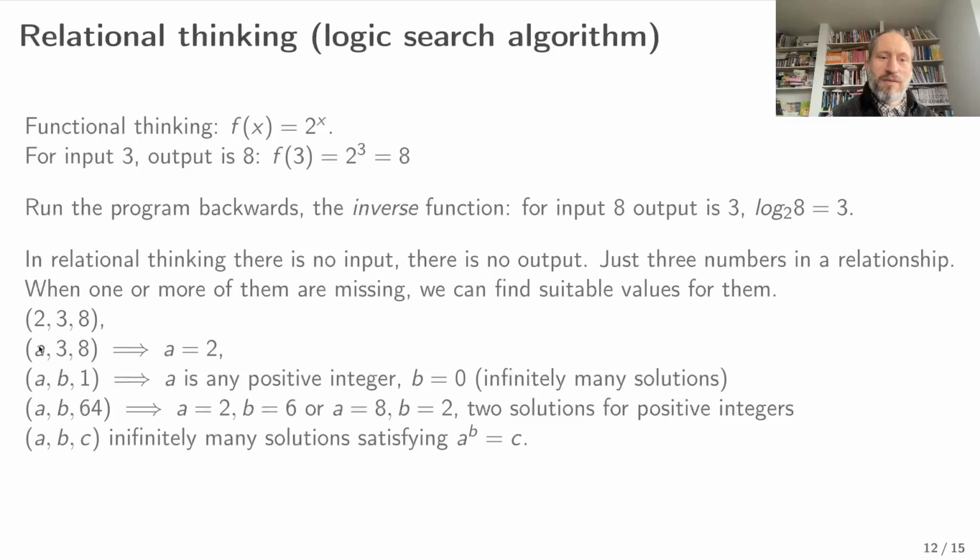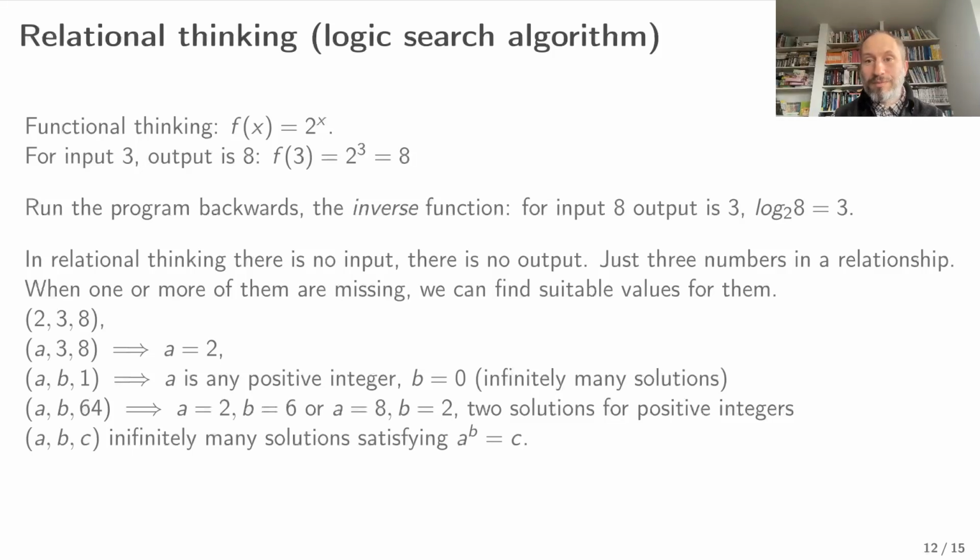If the first one is missing, then by the relationship it has to be 2, and if the last one is 1, then the exponent has to be 0, so we actually have infinitely many solutions. But we can have finitely many solutions, more than one, as well. For example, 64 is 2 to the power 6, or 8 to the power 2. And if all of them are missing, then we have infinitely many solutions, whenever the relationship a to the power b equals c is satisfied.